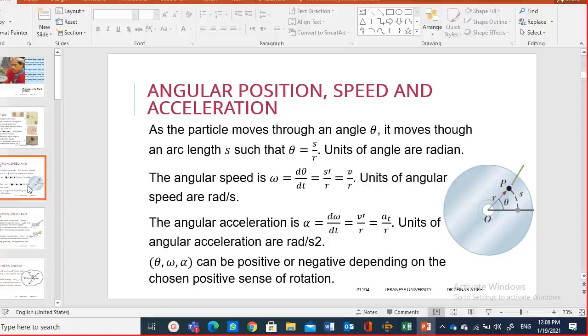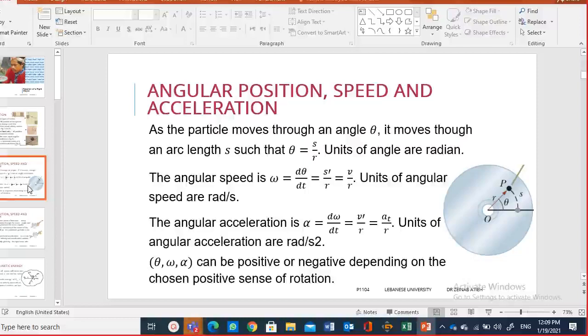Remember, each time we are moving on a circle, a_n exists, and a_t exists only if we are increasing our speed. If you are not increasing the speed, then a_t does not exist. So the total acceleration of point P is always the square root of a_t squared plus a_n squared. Don't forget that there's also a_n, which is related to the bending motion of the particle.